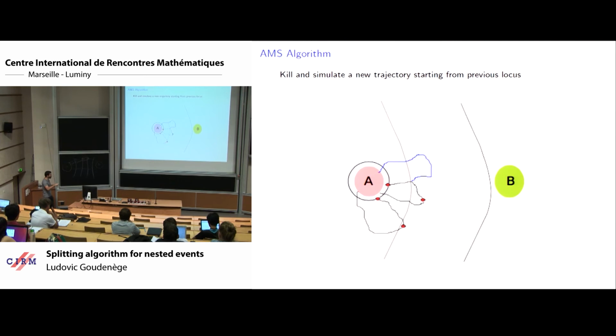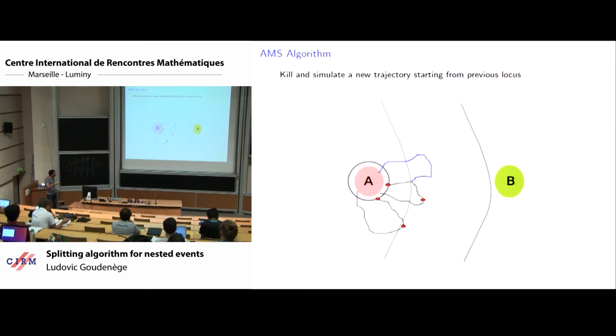So what I do, I choose another particle. I kill this one, okay, this is not interesting now, and I compute a new starting point on the trajectory. So there is a new starting point here or here. I choose one randomly, and I compute a new trajectory from this starting point. So this is a branching process.